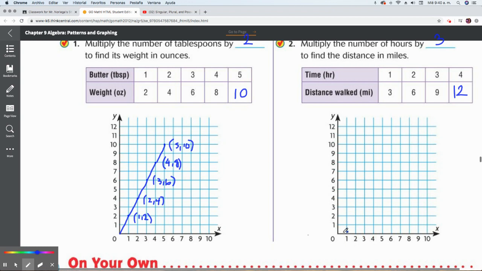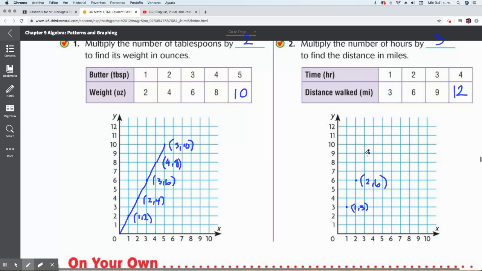Then we're going to go to 2 and find 6, which is right here on the top, and label 2, comma 6. And then 3, find 3 on the x-axis, comma 9, which is this one right here. Don't forget to label it 3, comma 9.